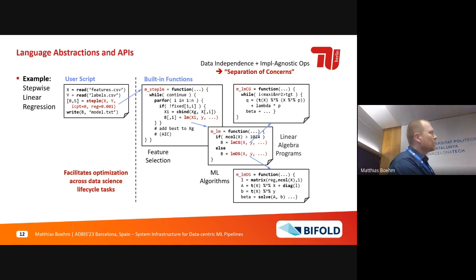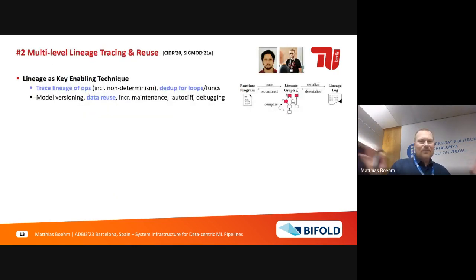But what is important to realize is that we are dealing with an abstract data type matrix. So you have X, this is a matrix. You're not hard coding whether this is a sparse, dense, or compressed matrix, but this is all decided by the system infrastructure underneath.